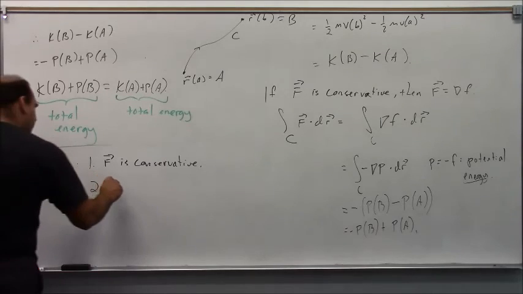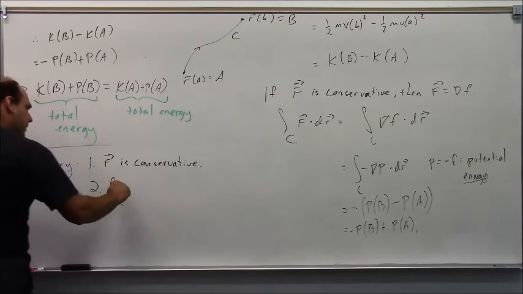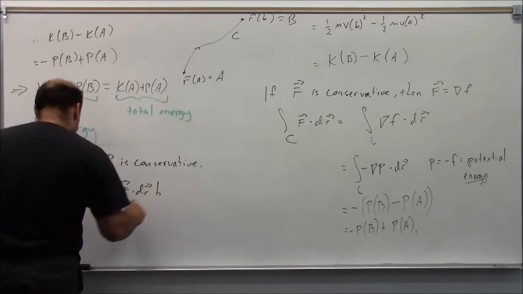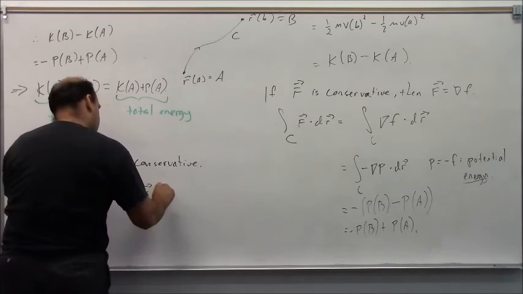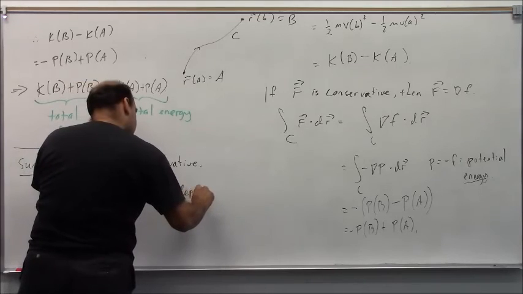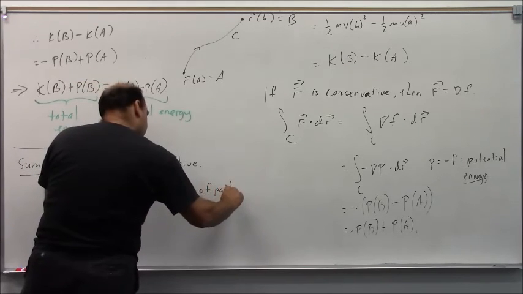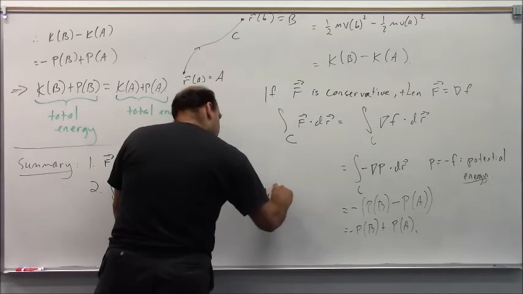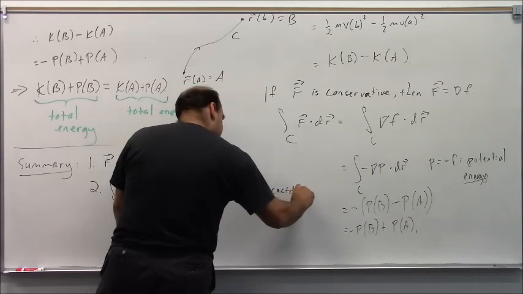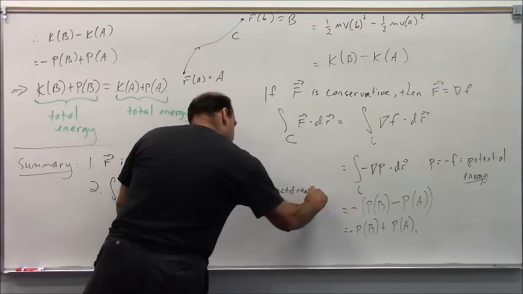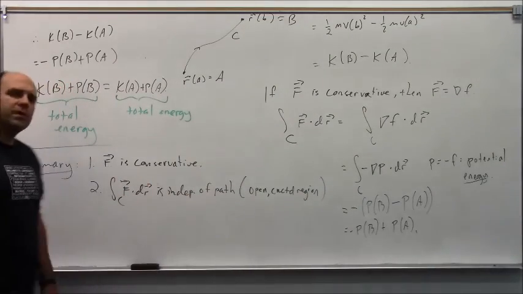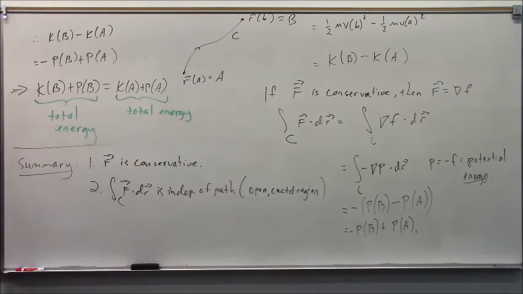We can also talk about the path integral over C of f dot dr being independent of path. And for this, we need to be in an open, connected region. If we happen to have this independent of path in an open and connected region, then we will see that f is conservative.